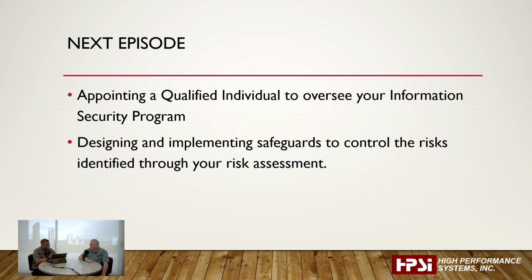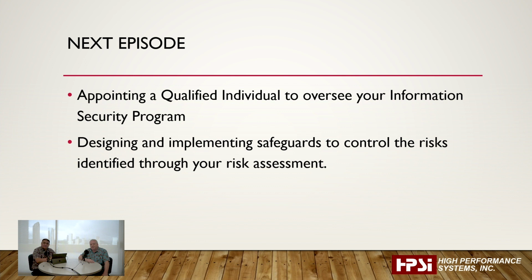Their roles and responsibilities, what effectively they have to do in that role, and how it's important for them to present what they are doing and how they're coming up with this WISP and the information security program, to whether it's the owner or the board or whatever the infrastructure is for that company.